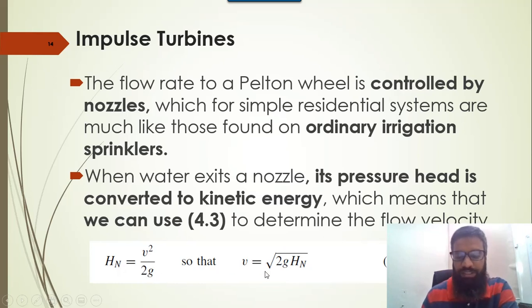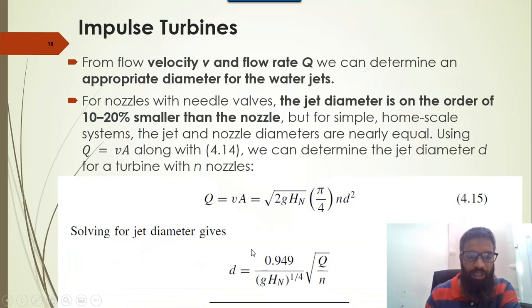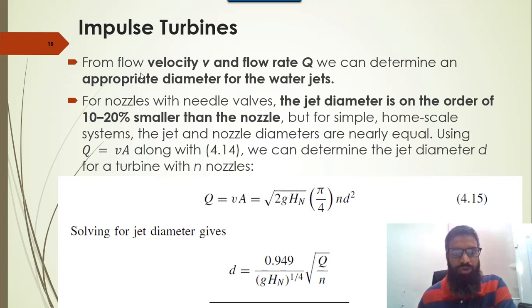So the velocity is equal to the square root of 2g Hn. From the velocity v and flow rate Q, we can determine an appropriate diameter of the water jet. For a nozzle with a needle valve, the jet diameter is on the order of 10 to 20% smaller than the nozzle size. But for a simple home scale system, the jet and nozzle diameters are nearly equal.